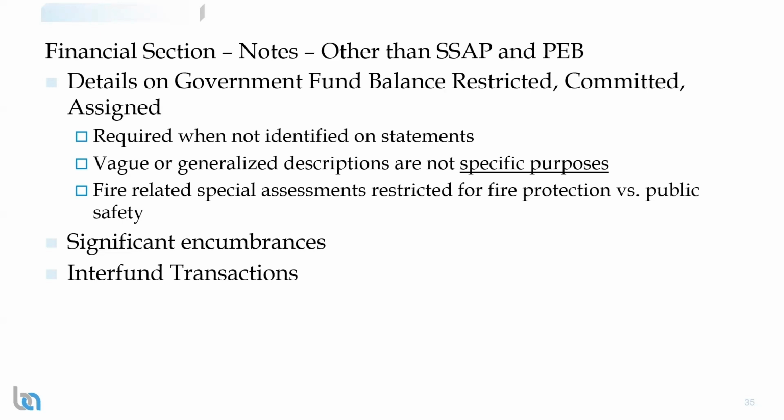And also you want to avoid vague or generalized terms such as restricted for special purposes. What's a special purpose is not very helpful. Fire-related special assessments, restricted for fire protection versus public safety, is an example.